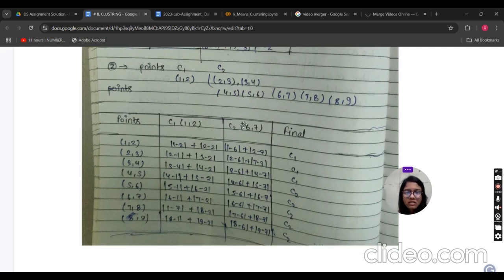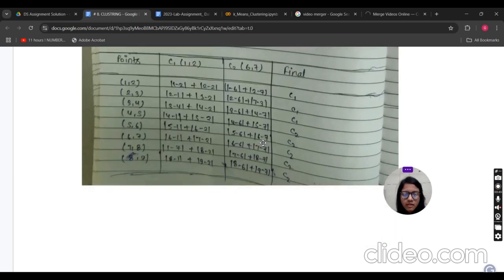How do I get 6 comma 7? I calculate the average of C2: 2 plus 3 plus 4 plus 5 plus 6 plus 7 plus 8, divided by 6. So I get the result 6 comma 7.